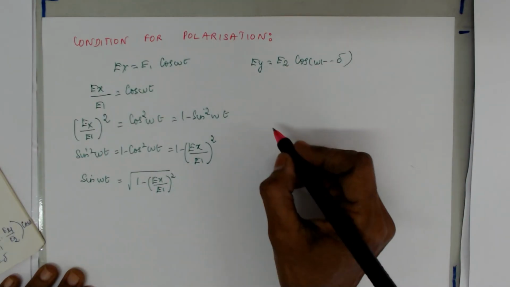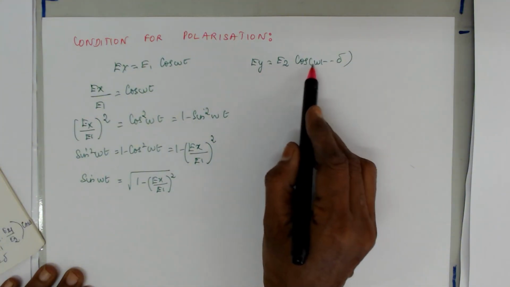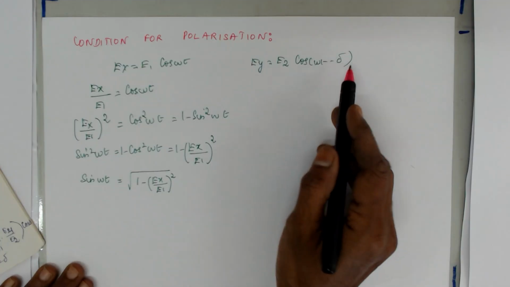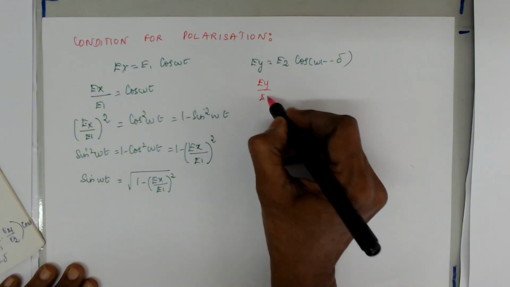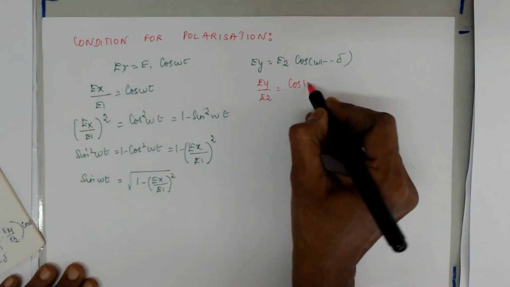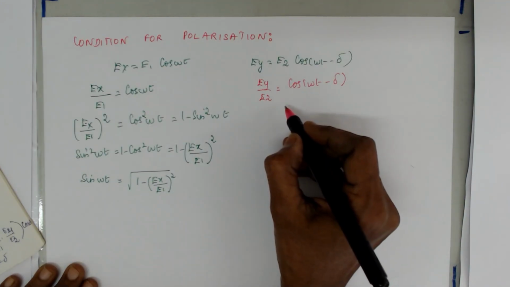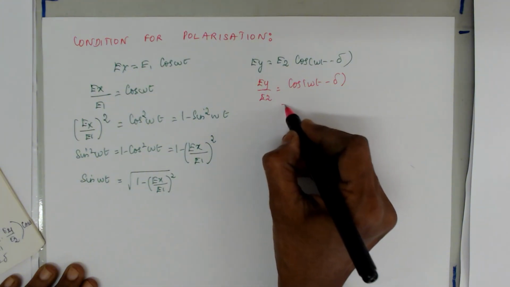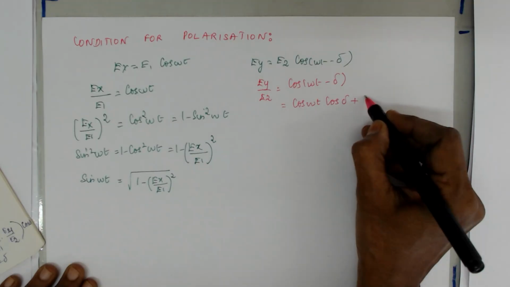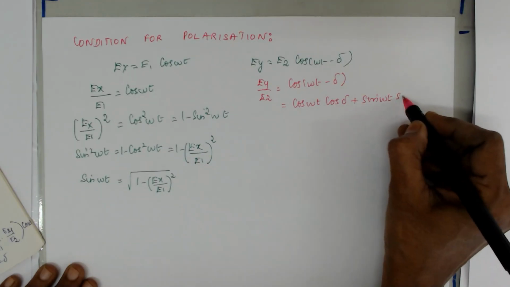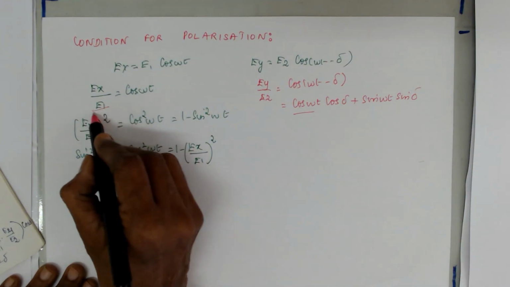Similarly, take up the second equation, Ey equal to E2 into cos of omega t minus delta. So Ey by E2 can be written as cos of omega t minus delta. Expanding using the cos of A minus B formula, Ey by E2 equals cos omega t into cos delta plus sin omega t into sin delta, where cos omega t is nothing but Ex divided by E1.